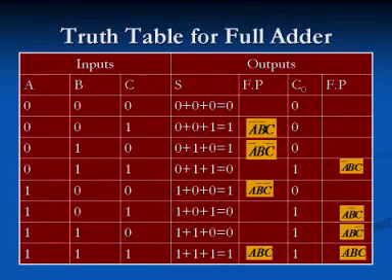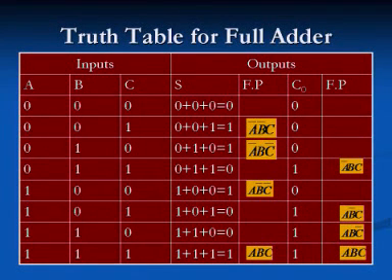This time for 0, 1, 0, sum S is equal to 0 plus 1 plus 0 equal to 1, and the corresponding fundamental product term is A bar, B, C bar, no carry is generated. Therefore, C0 is 0. For 0, 1, 1 inputs, S is equal to 0 plus 1 plus 1 equal to 0, and a carry is generated.